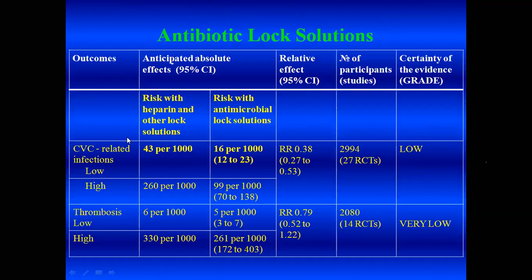Irrespective of whether the incidence of infections was low or high, antimicrobial lock solutions showed a significantly lower relative risk of developing infections, but not for thrombosis, which was not statistically significant. The grade of the evidence was low for infections and very low for thrombotic events.